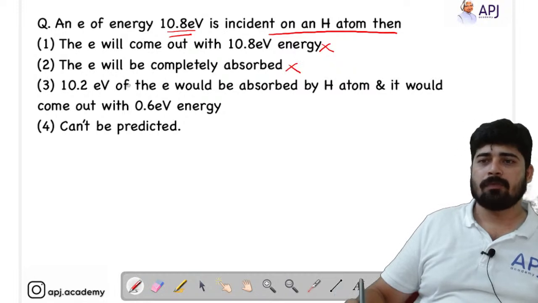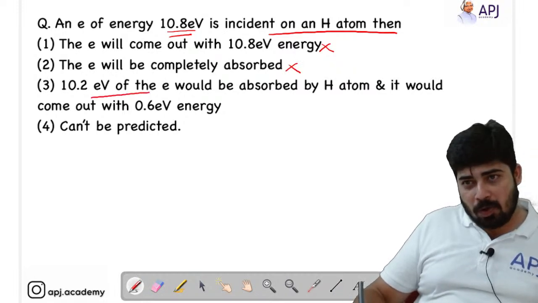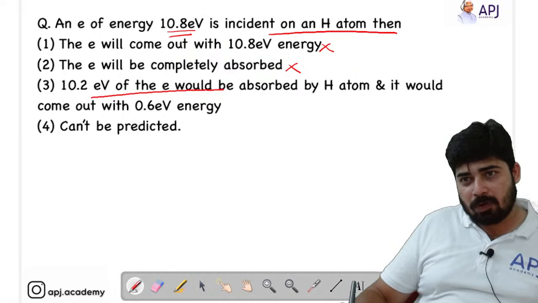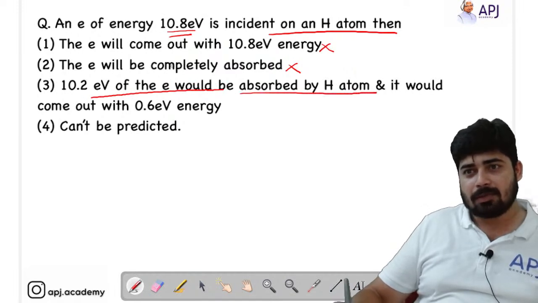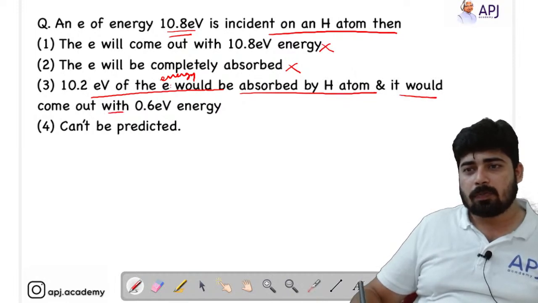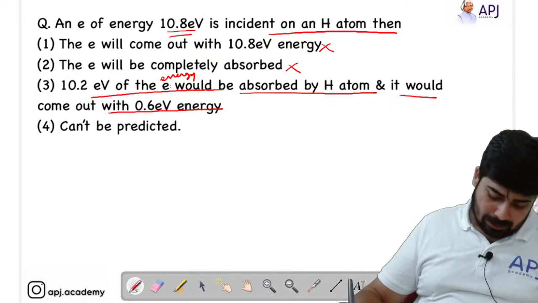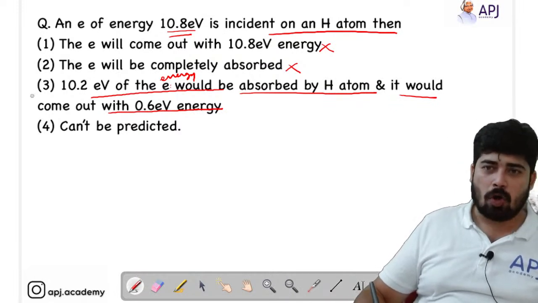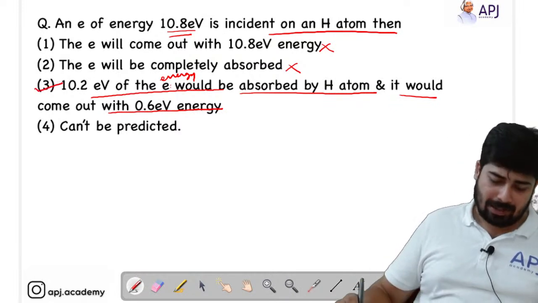That is wrong. 10.2 electron volt of the energy would be absorbed by the hydrogen atom, and it would come out with 0.6 electron volt energy. Yes, option 3 is the right answer.